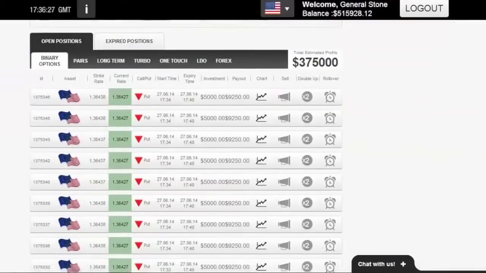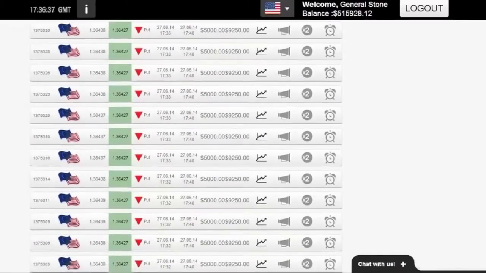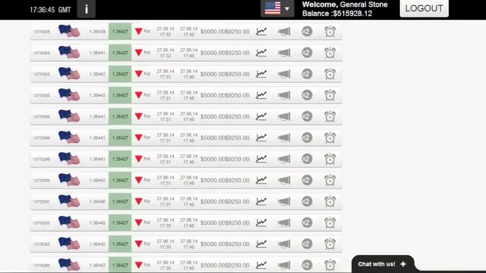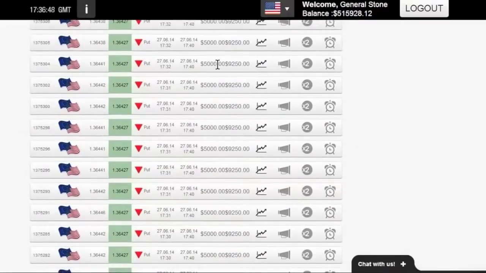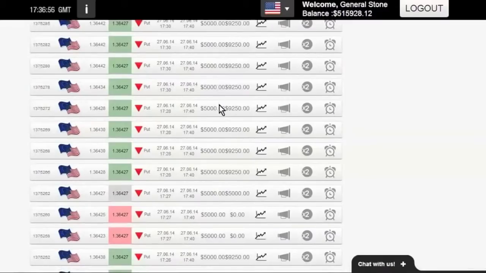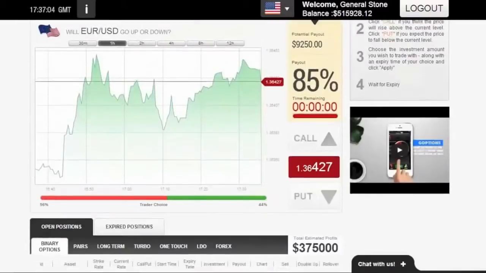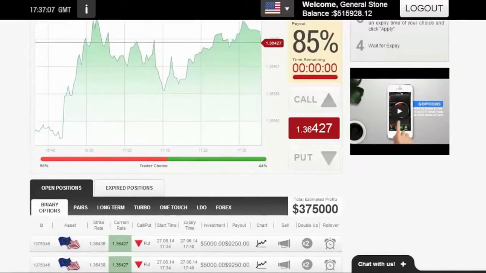Let's count the open risk together. So we've got 10, 20, 30, 40, 50,000, ending in trade 330. 10, 20, 30, 40, 100,000 together, ending in 306. 10, 20, 30, 40, 50, that's 150,000, ending in 285. 10, 20, 30, 40, that's $200,000. $215,000 open for a potential return of $375,000.